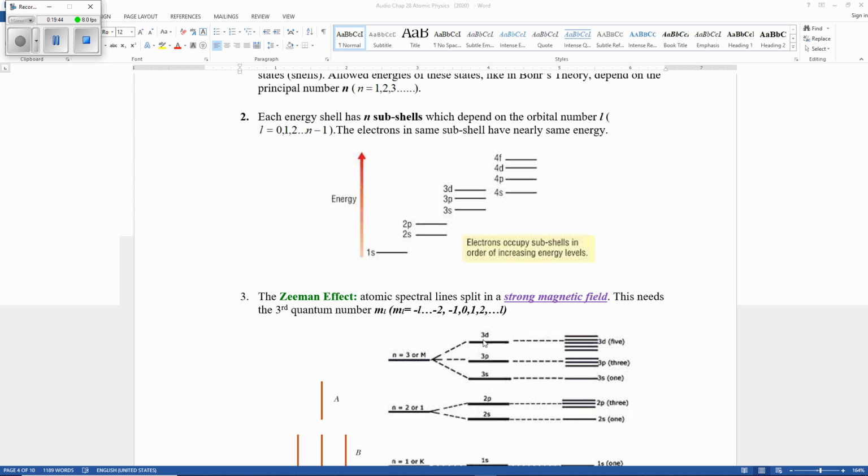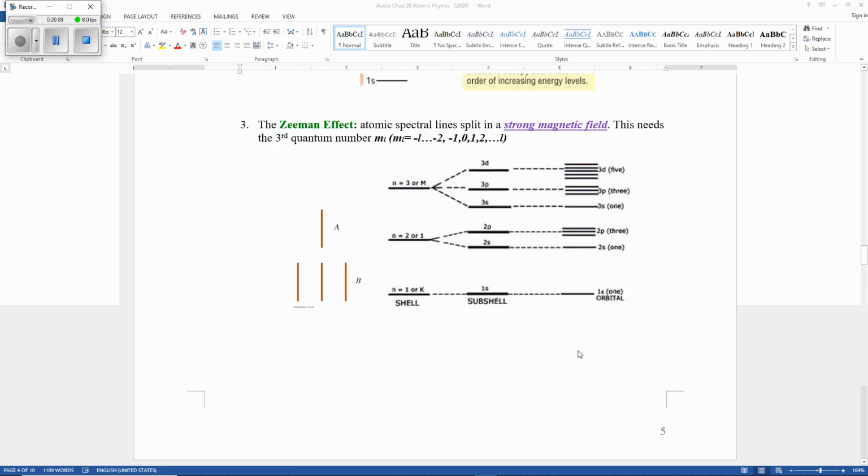N equals 3, you have 3 subshells. The first subshell is going to give you only 1. The second subshell is going to give you 3. That's all under a magnetic field. And the third one gives you 5. We're not going to discuss the detail. I just tell you, when you have more and more rooms, more electrons can stay.